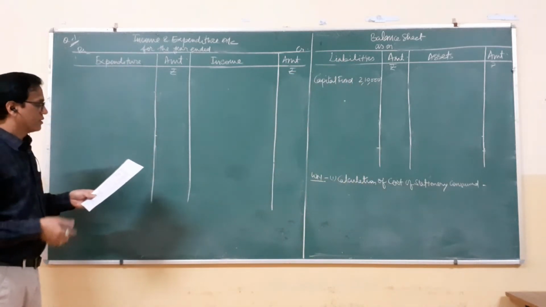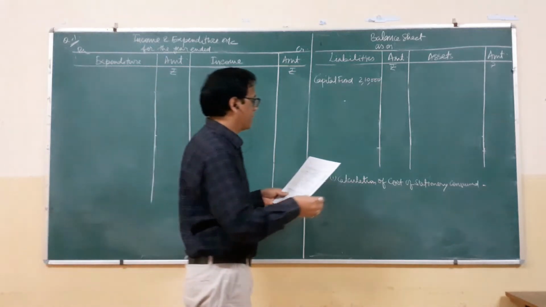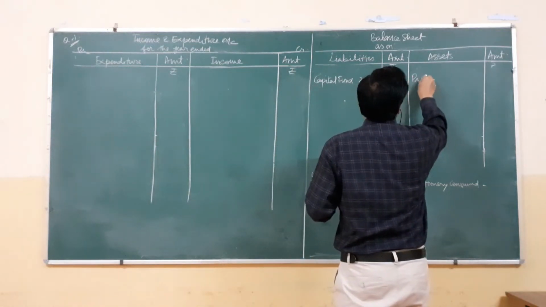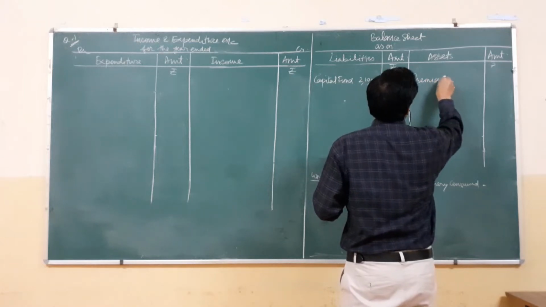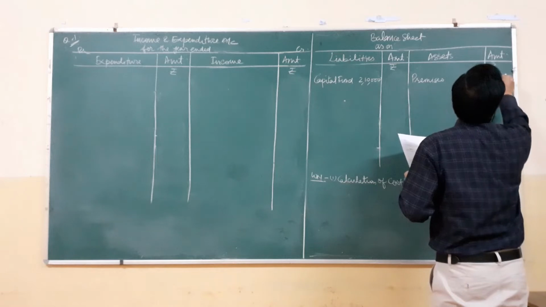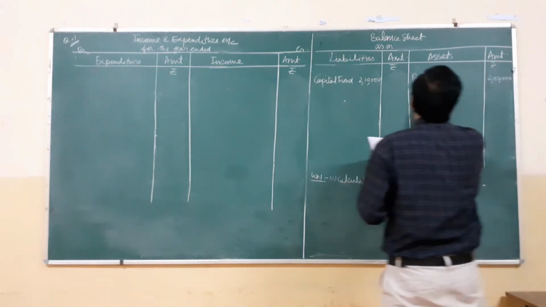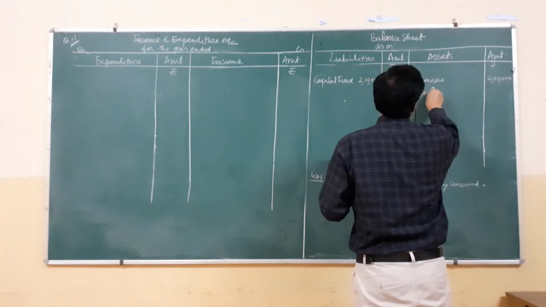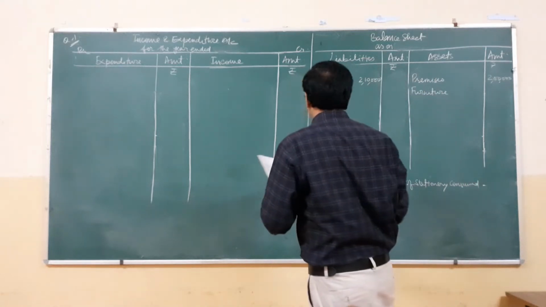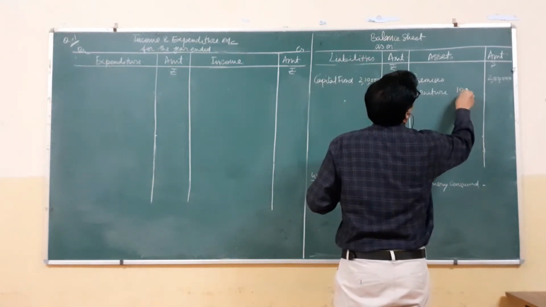Then premises, furniture and bank balance. So these we will add up here. Premises, we will see if any adjustment for its depreciation is given. It's not given, so 2 lakh rupees. The next item is furniture. For furniture, let us see what is given. Again, we will talk about it. Furniture, already it is 10,000. So we write here 10,000.